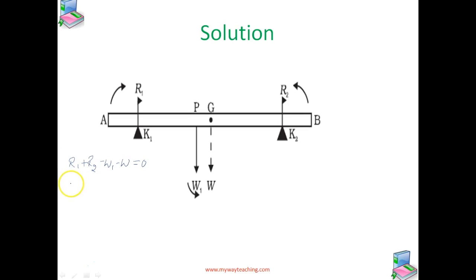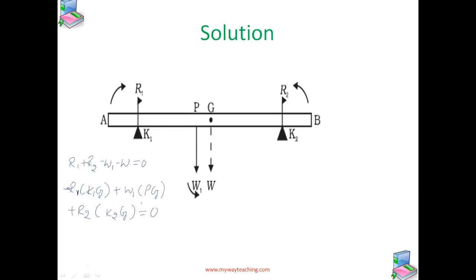For rotational equilibrium, we should consider the moments: minus R1 into K1G plus W1 into the arm that is PG plus R2 into K2G is equal to 0.